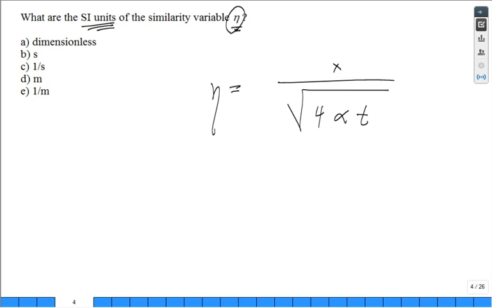All right, there's two ways of solving this. You can just say, well, what are the SI units for x? Meter. And then the square root of 4 is dimensionless. What about this alpha? Meters squared per second. What about time? Seconds. So the seconds cancel. I have the square root of meter squared. That's meter over meter, and it's dimensionless.